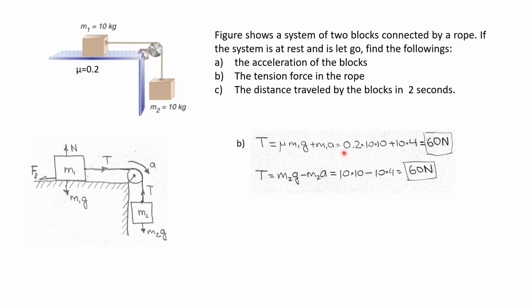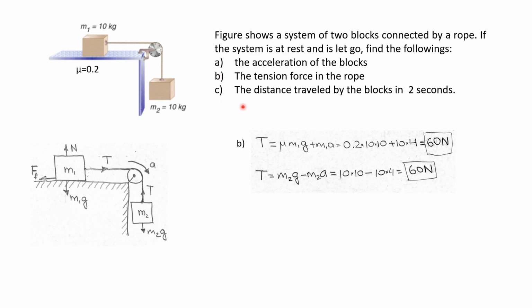We plug in the values for the coefficient of friction, masses, g, and the acceleration. We get 60 newtons. What happens if we use the second equation? Well, we should get the same value. And indeed, if we plug in the values, we still get 60 newtons. So the tension in the rope is 60 newtons, which is the answer for part B.